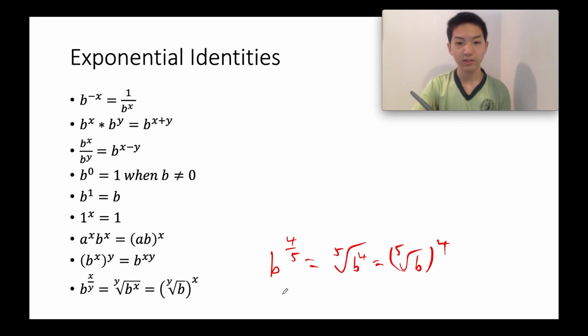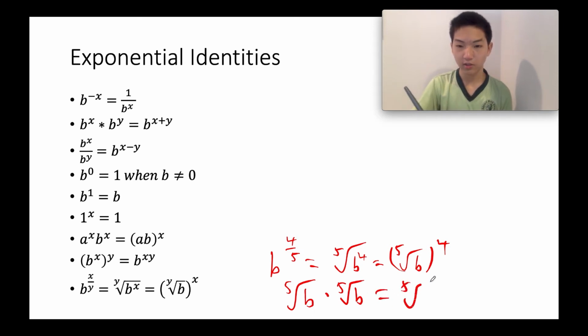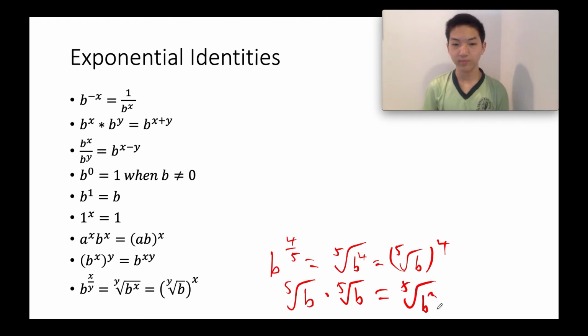Because remember that you can multiply the insides together: if you have the 5th root of b times the 5th root of b, you can multiply the insides together and you get the 5th root of b squared.